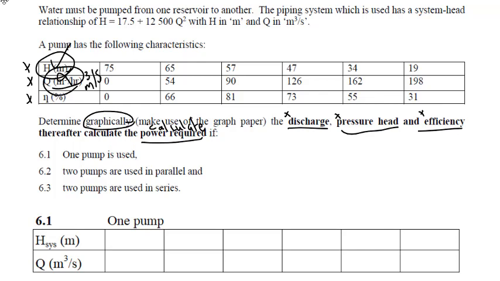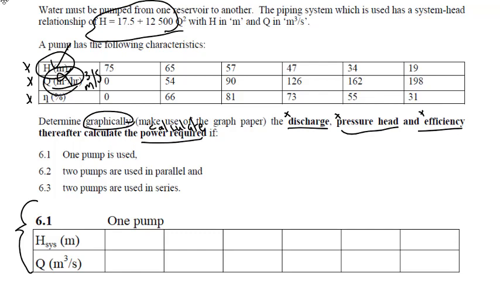We've been given about 7 columns of data, including the labels. So you'll have to start by drawing up a table for yourself, like we have done here. You'll draw a table for your system curve, where you're going to use this formula here.